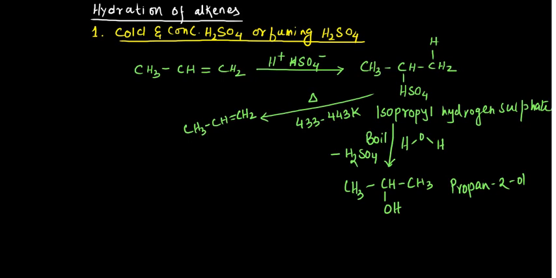So this is basically your hydration of alkene. Hydration has happened, one hydrogen and one OH group has been added, but we did all this by adding H2SO4 first. So this is the first route. Suppose I take but-1-yne, and I want to convert it to but-2-yne. But-1-yne is 1 2 3 4.